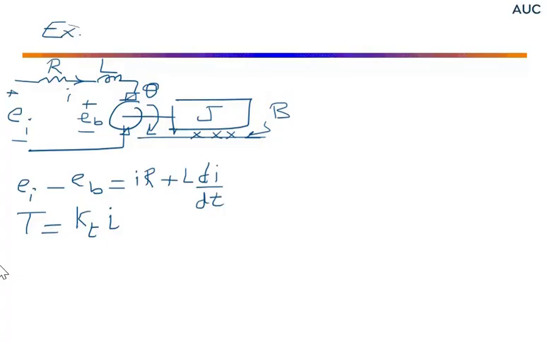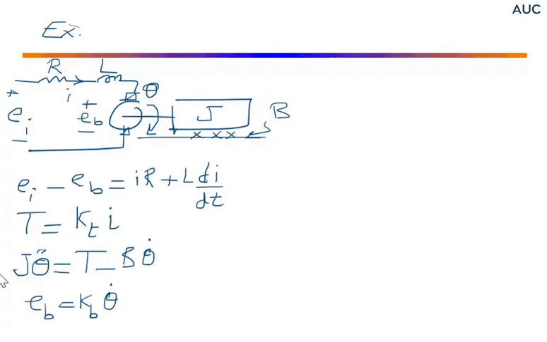And that torque will result in rotation. So we apply Newton's law. So we'll have J theta double dot equals T, the driving torque, minus the friction torque, B times theta dot. Finally, the back EMF is some constant, call it Kb, times theta dot.